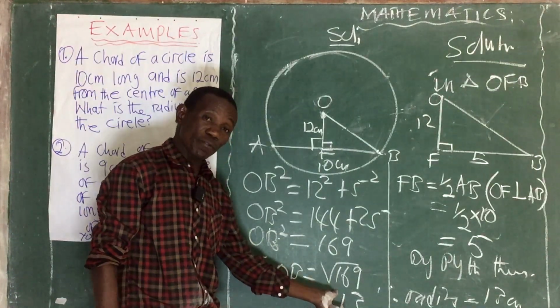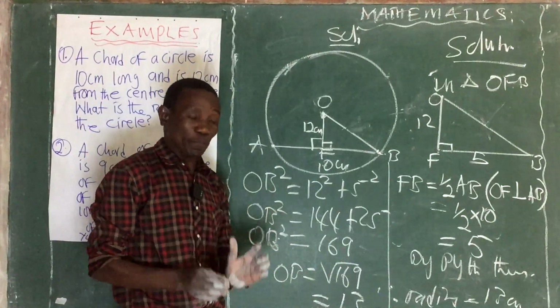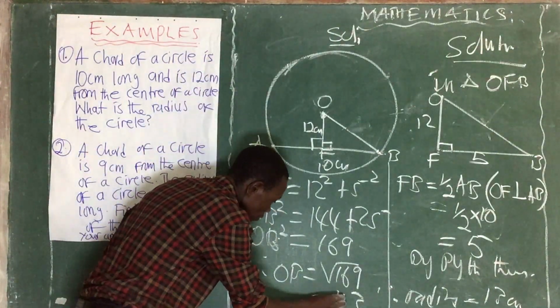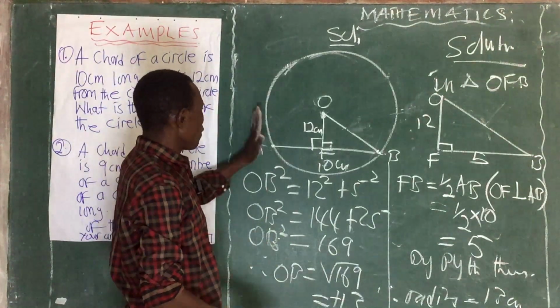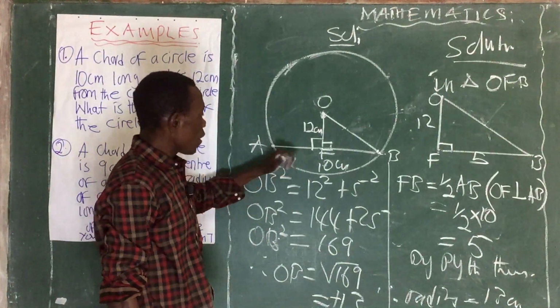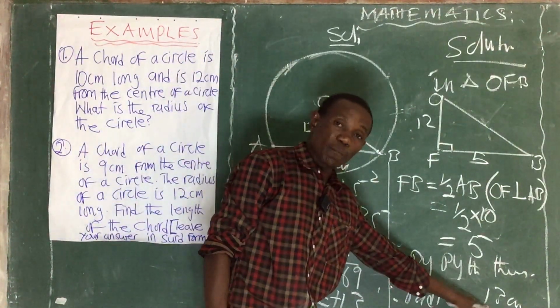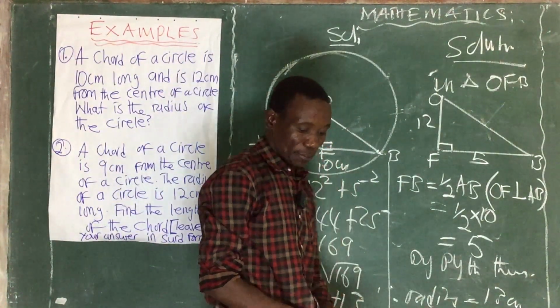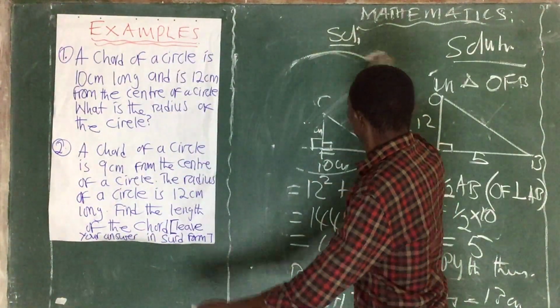It can be positive or negative. In this case, whatever information you have here is about a variable that cannot be negative. That's why we have opted only to choose positive 13. Right. Can we now go to the last example, which is question 2?